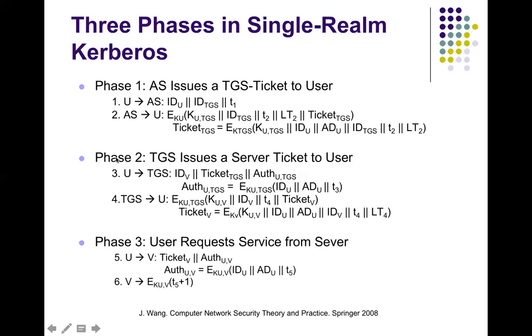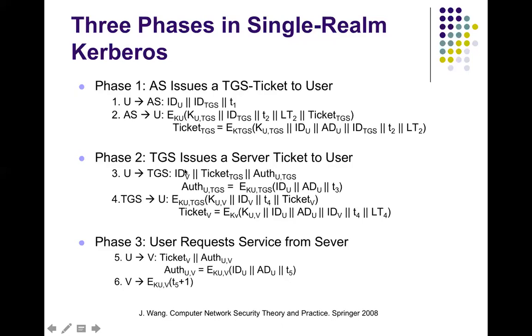Okay, so now in phase 2, the user wants to use a particular server V. So the user sends a request to TGS server, indicating that server V's service is requested, and the ticket TGS is presented in this request. Remember, this ticket can be reused many times as long as it is not expired.